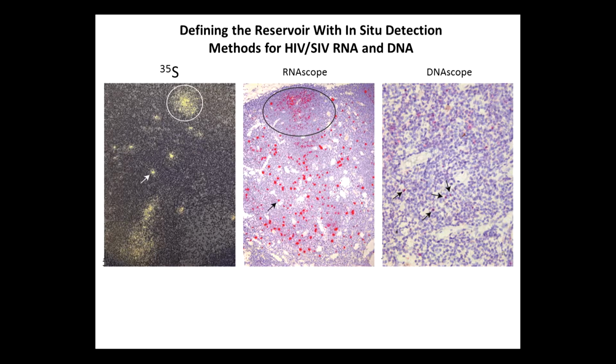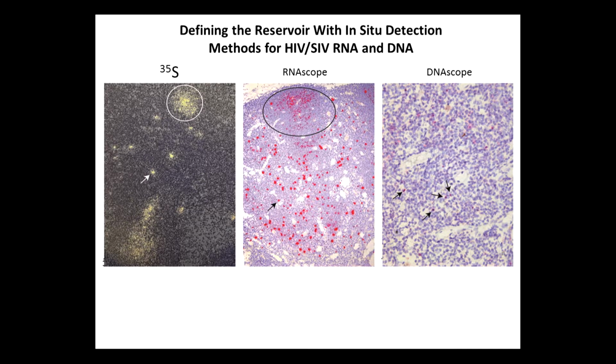It can take 14 to 21 days exposure. You have lots of problems with background sometimes when you're doing this assay. But the advantage is that it's a linear assay, and as I'll show you in a moment, we can more precisely quantify the number of virions on the FDC network than we can with the other assay, because it has an amplification step.